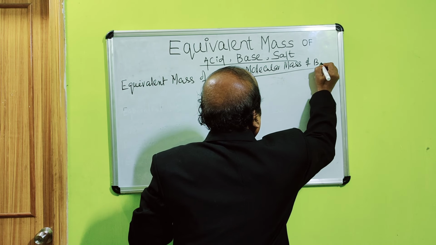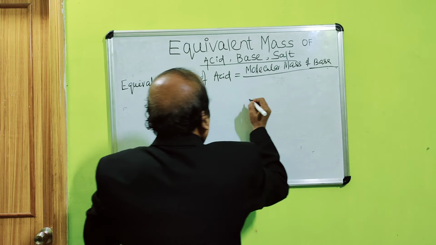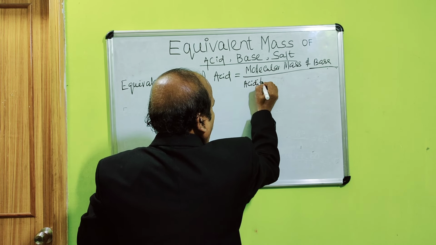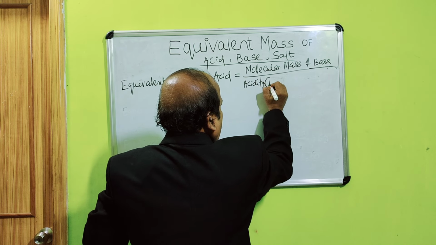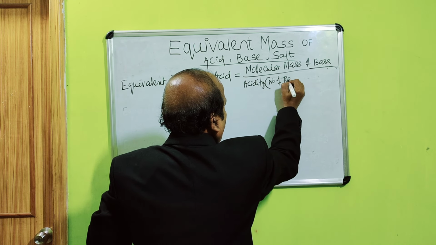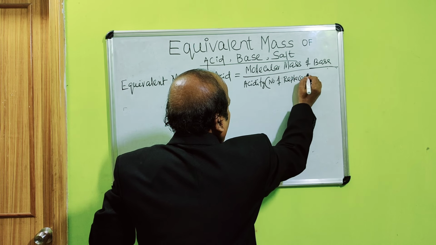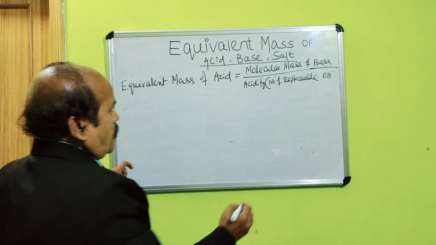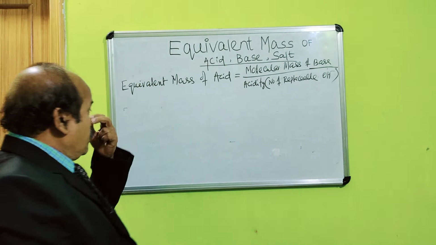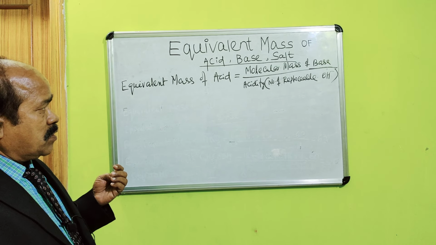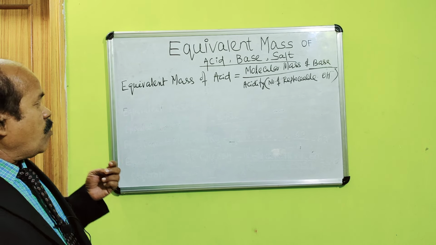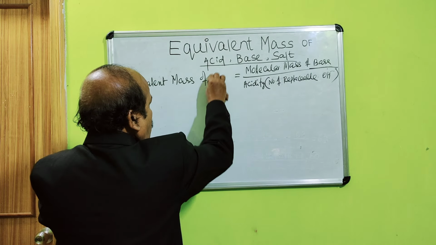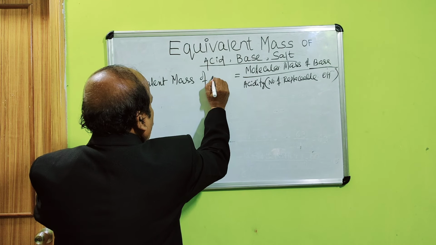Molecular mass of base divided by the acidity, which we say number of replaceable hydroxyl ion OH minus. Is it clear? Let me cite some examples for determining the equivalent mass of base. Acid is over, now equivalent mass of base.